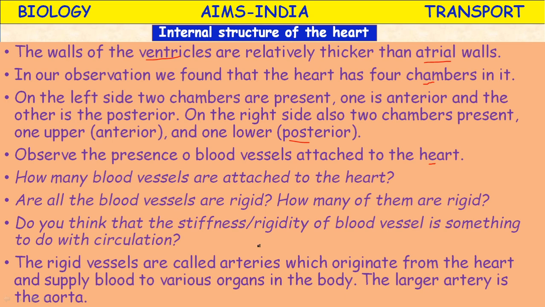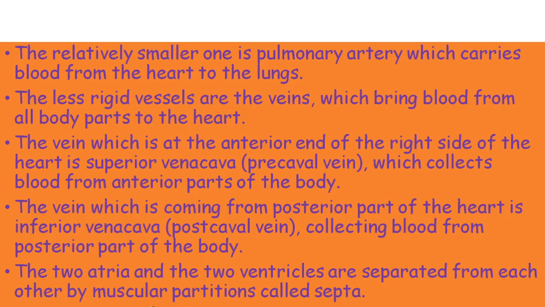The rigid vessels are called arteries. Okay, arteries are very strong, stiff, rigid, which originate from the heart. Okay, and supply blood to various organs in the body. The larger artery is the aorta or systemic aorta, it is also called. Okay, largest, biggest.